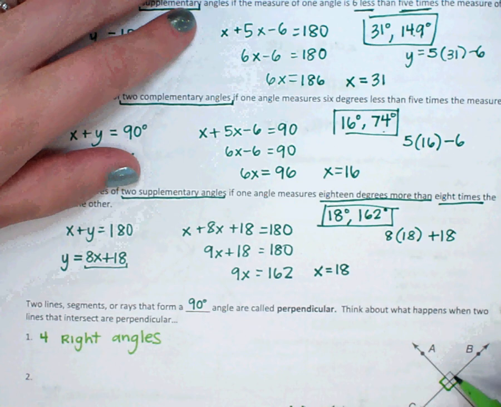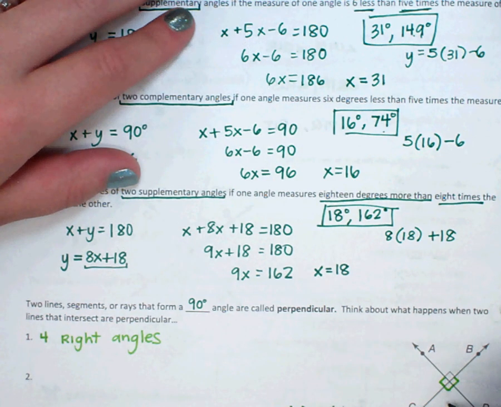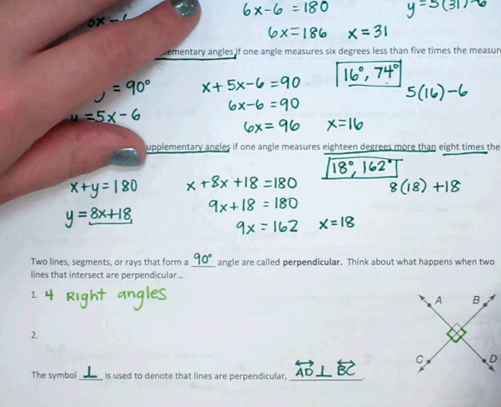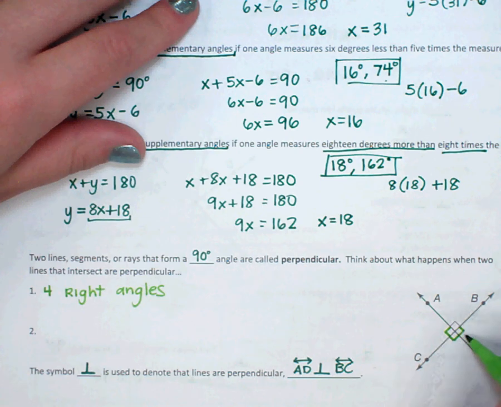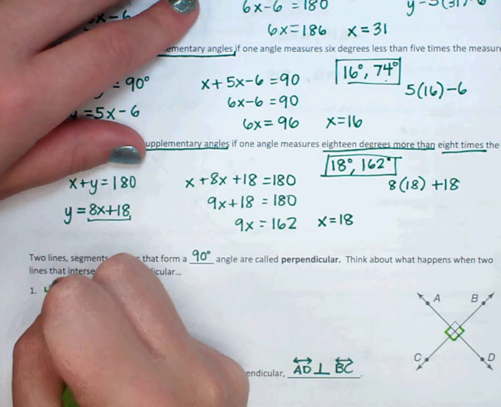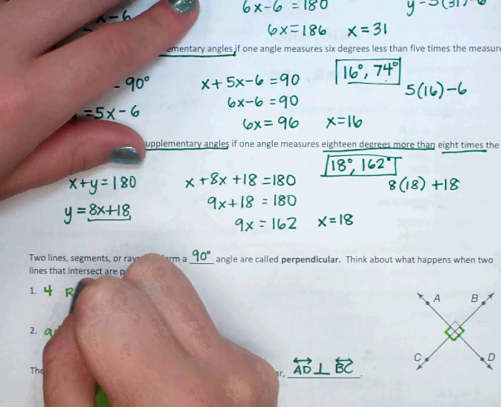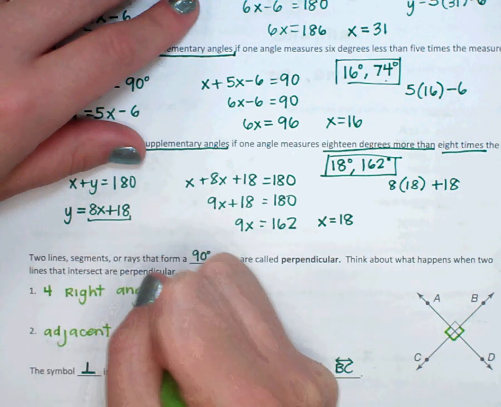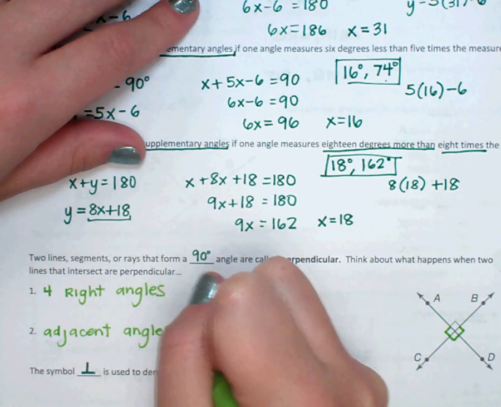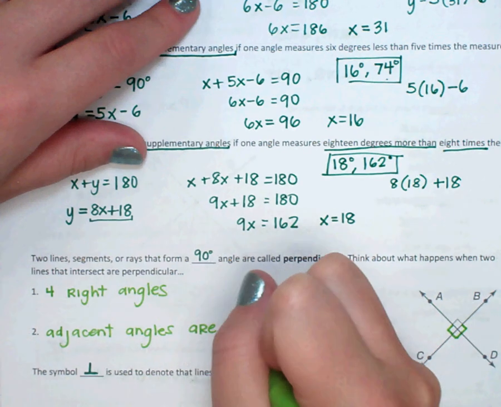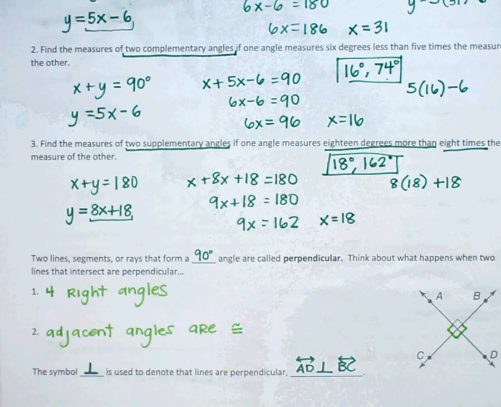And vertical angles are always congruent, but now we have adjacent angles that are congruent as well.